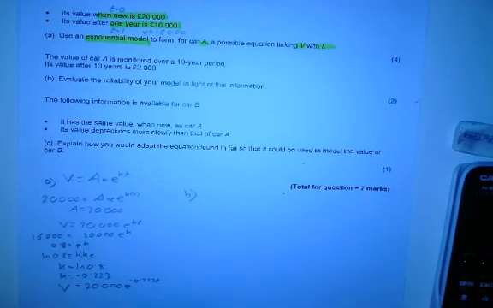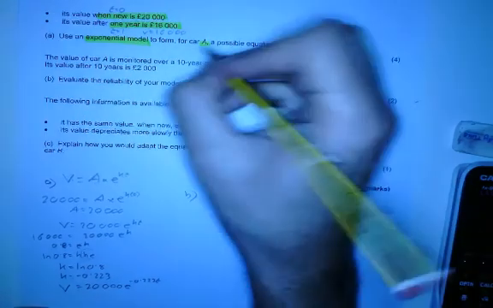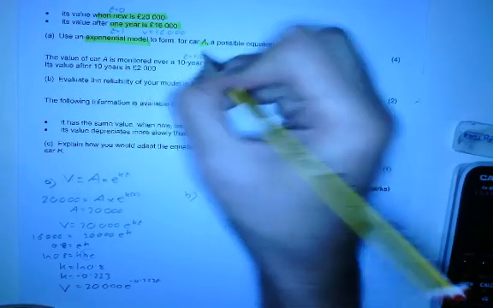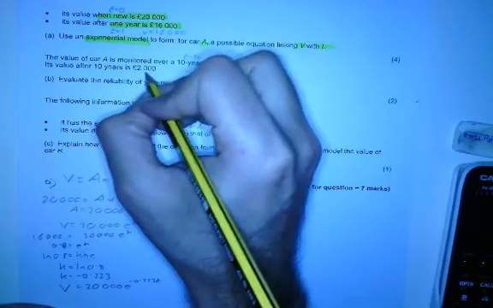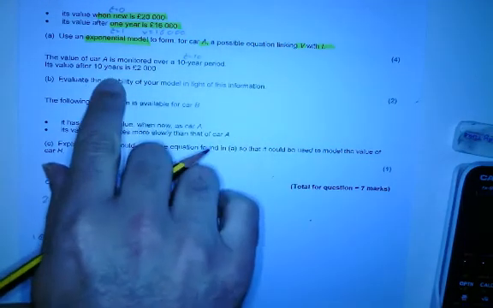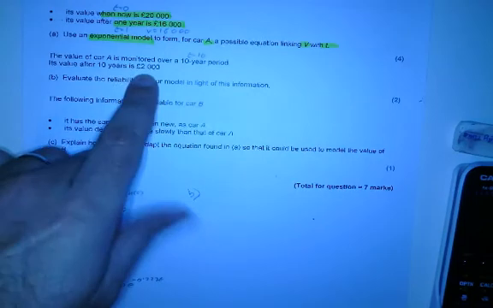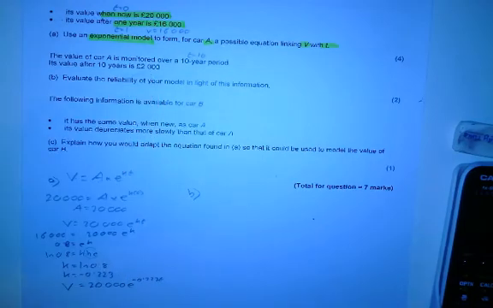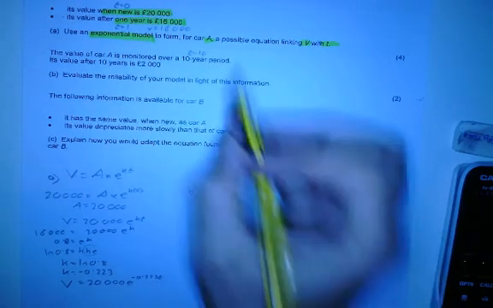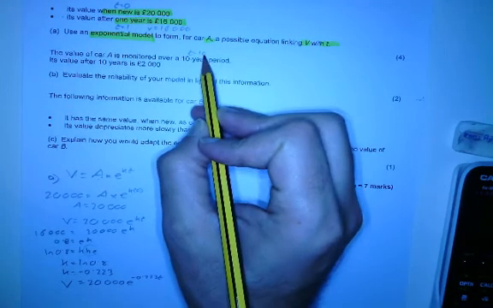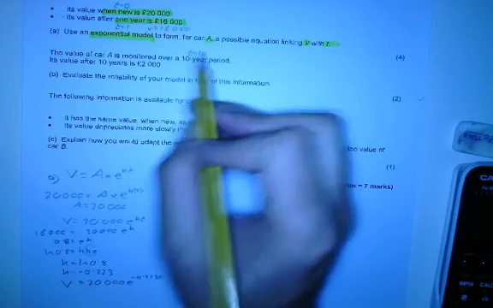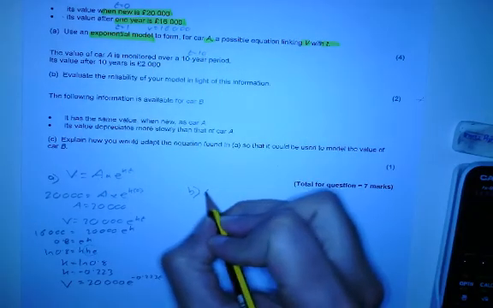Right, part B. The value of car A is monitored over the 10-year period. t is going to equal 10 somewhere. Its value after 10 years is £2,000. Evaluate the reliability of your model in light of this information. So after 10 years, it actually is worth 2 grand. To look at the reliability of our model, we see what value it gives after 10 years and compare it to this one.